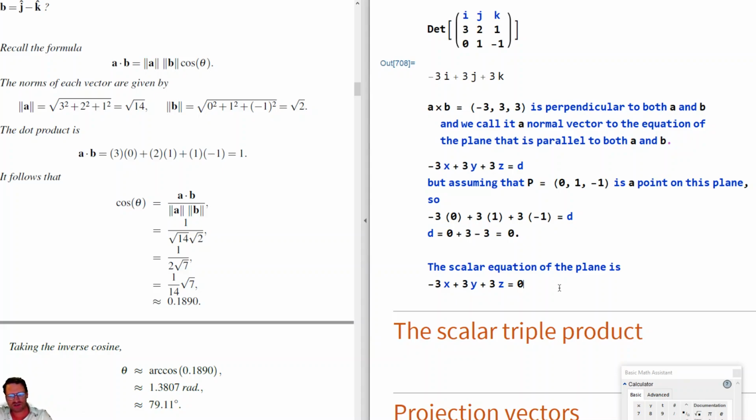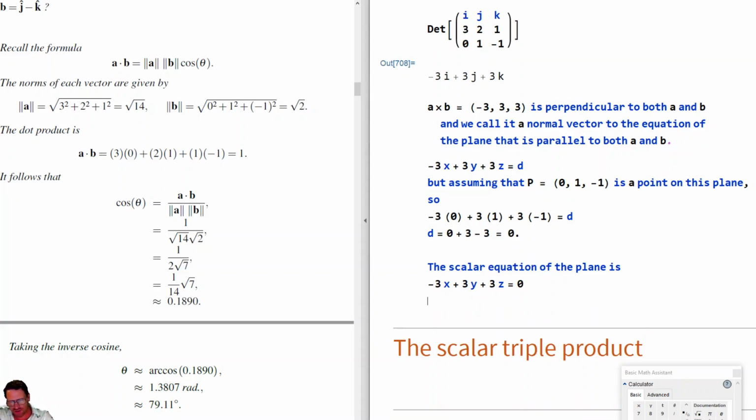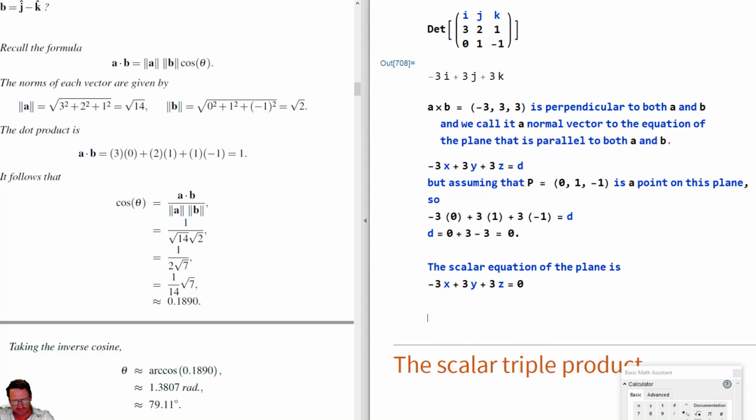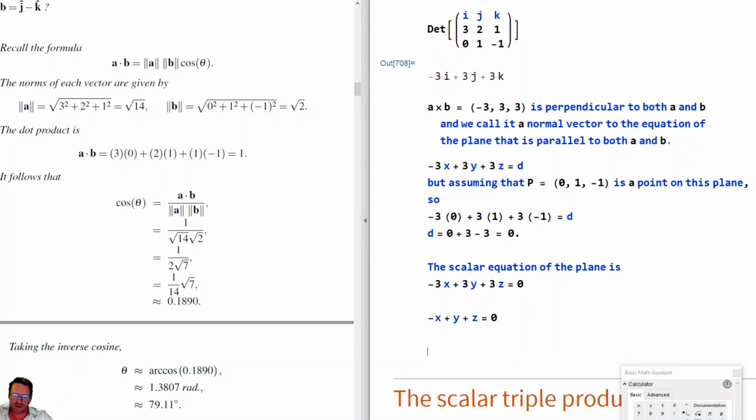So we could say, well, we can multiply by 1/3 throughout and even rearrange this. So you would have minus x plus y plus z equals 0. And if I solve this for z, I could put this in a way that's more similar to the equation y equals mx plus c. So I could write z is equal to x minus y in another form, right? So the three of these are equations for the very same plane.